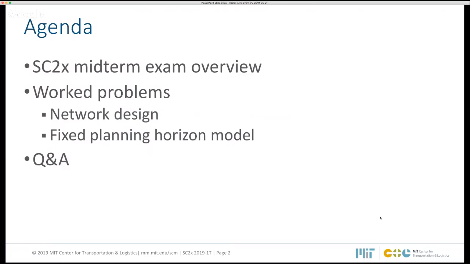Then Bilal and I will be solving a couple of problems from past midterm exams of SC2x, trying to help you get ready for the exam. After that we'll open to any question that you might have. We want to be as interactive as possible during this live event, so we'll be using Slido. Please go to slido.com on your computer or any mobile device and ask any question that you might have during this live event. We'll take a look at Slido and answer the questions. Okay, so this is the plan for today.